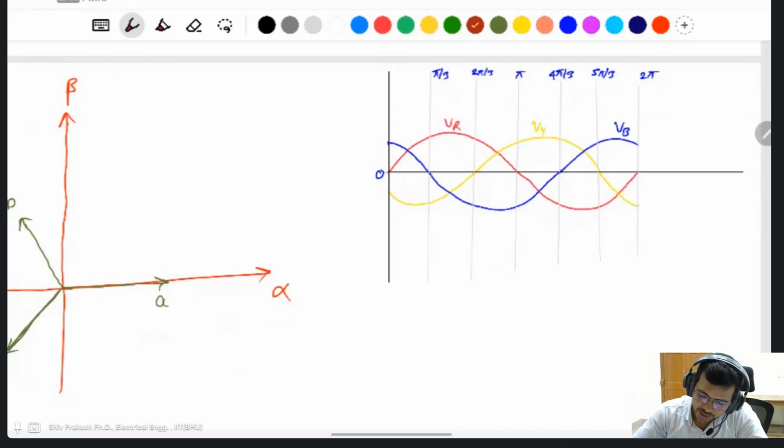Like if you take one point here and take this as 1 magnitude, then the others will be 0.5 only. The magnitude will always be the same in the three phase AC system.